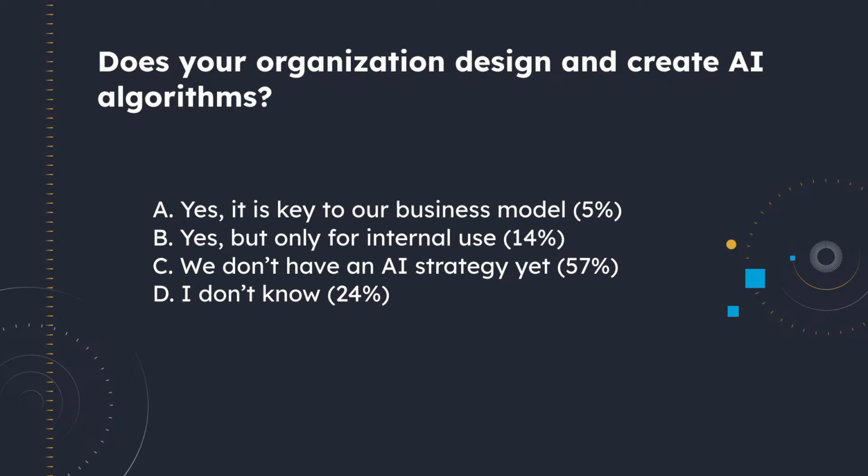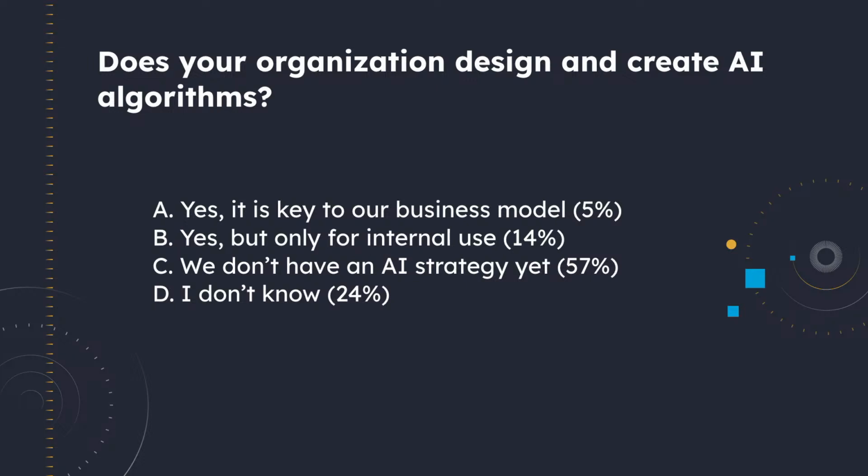So let's take a look at the responses from our polling question. Does your organization design and create AI algorithms? 5% of you said yes, it is key to our business model. So that's a very low number. And then the other response here is yes, but only for internal use. And that's a little bit higher, 14%. Now, we don't have an AI strategy yet. That's an important thing to consider, and we see the number being very high.